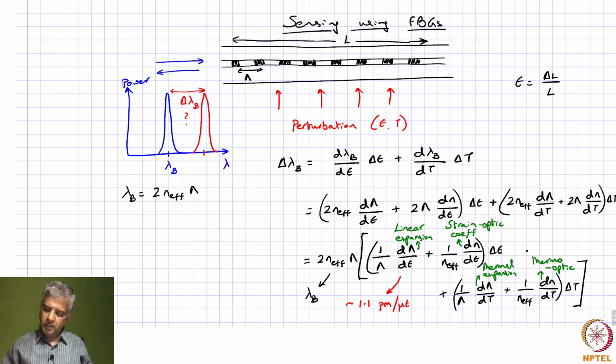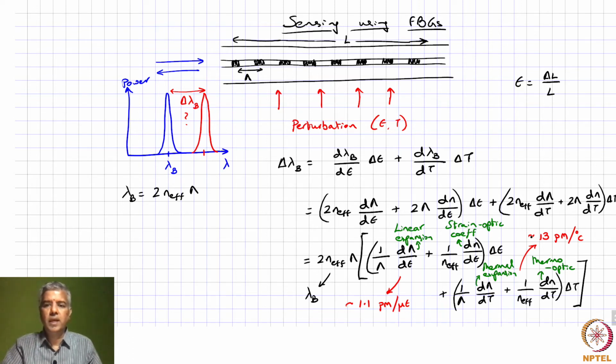And similarly, if you calculate this factor within the parenthesis, that actually works out to be roughly about 13 picometer per degree centigrade. Okay, so those are fairly small numbers. We're talking about picometer changes in the Bragg wavelength.